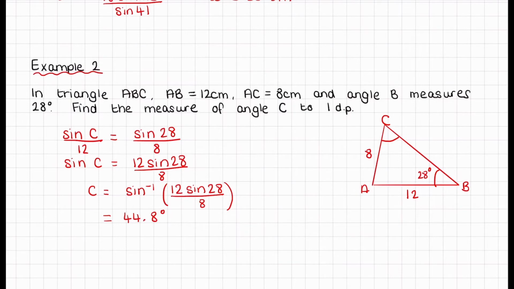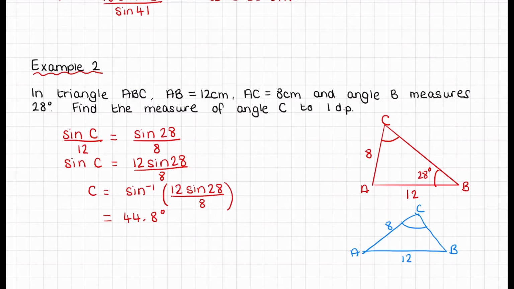Now, one thing you have to be aware of with the sine rule is that because we haven't been given a diagram, this angle C could be an acute angle or it could be an obtuse angle, because we can draw the triangle 2 different ways. So we've got this one here, but it could have also been drawn like this, where this angle C here is bigger than 90 degrees.